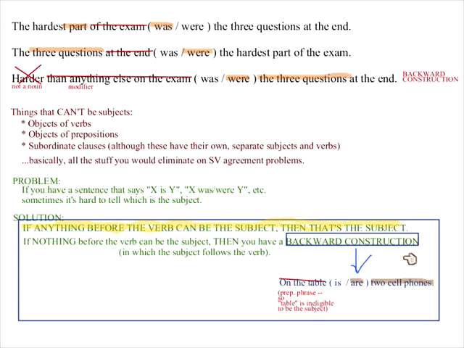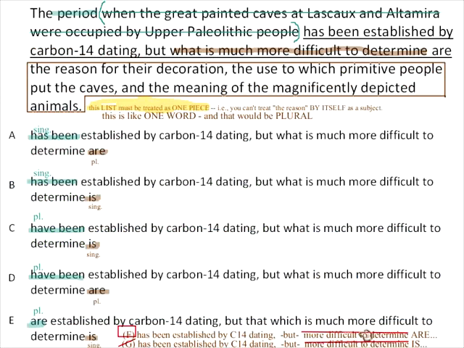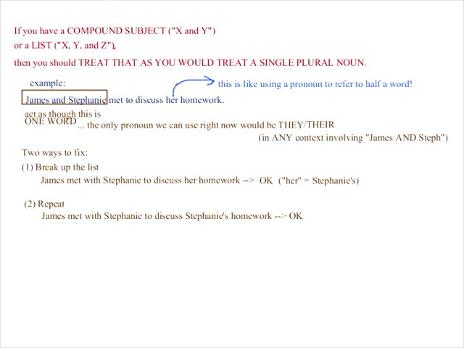So you only use backward constructions when you are forced to. That's basically the rule. If you have a normal subject, then it's the subject. And only when there are no subjects at all in front of this, then you go with backward construction. So back to James and Stephanie.